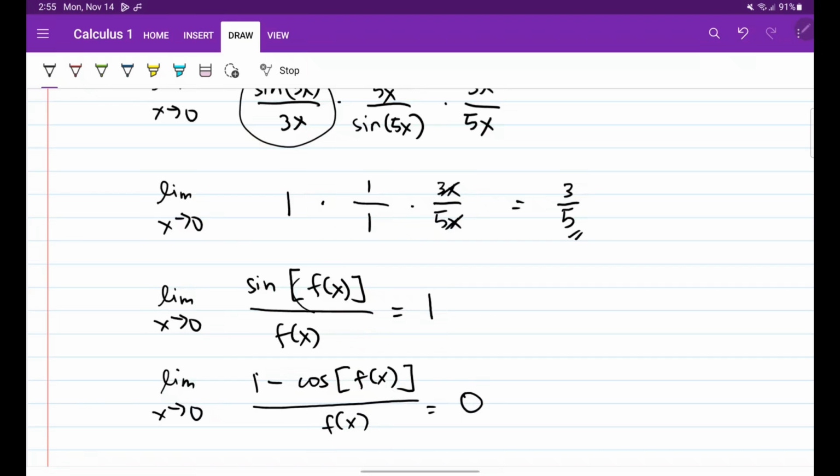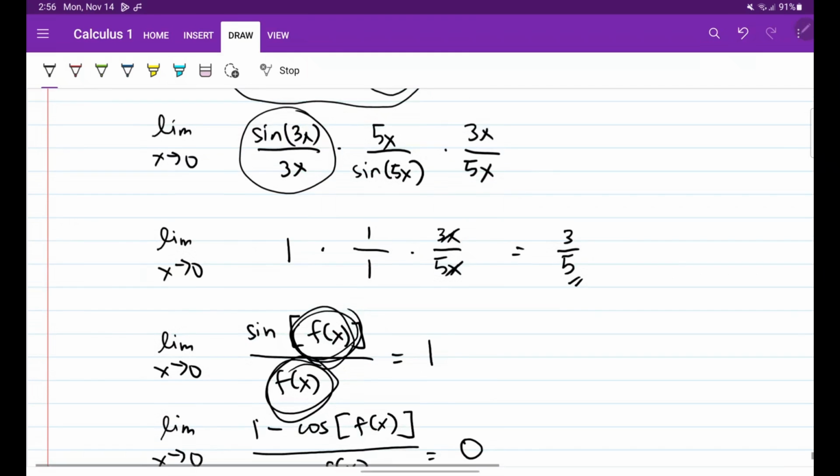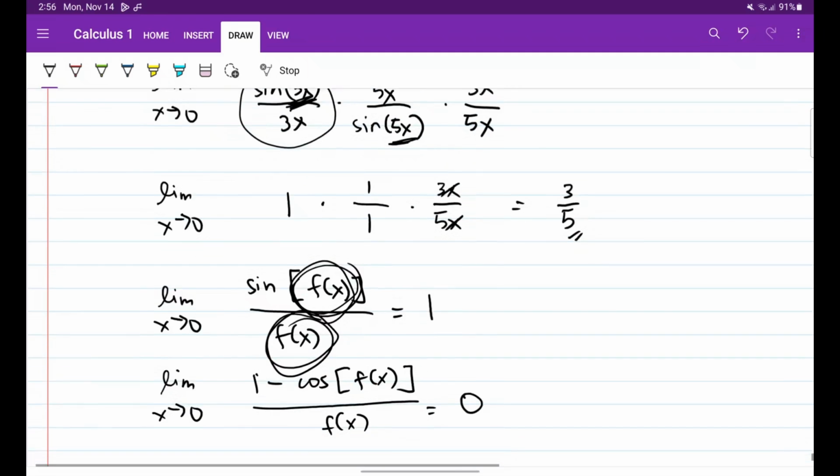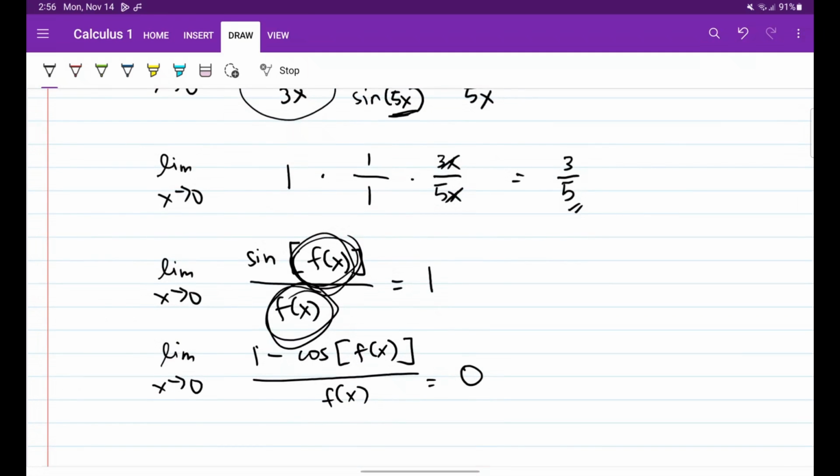So, meaning, f of x here can be any function of x. So, in this case, we have 3x and 5x. So, hindi nagmamatter. Hindi siya x lang. Okay? So, pwedeng kahit anong function of x. Kunyari, 3x squared plus 1. Okay? So, kabisaduhin natin, limit as x approaches 0, sin x over x is equal to 1, and limit as x approaches 0 ng 1 minus cos x over x is equal to 0.